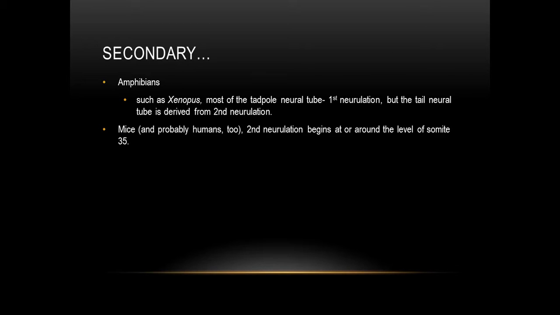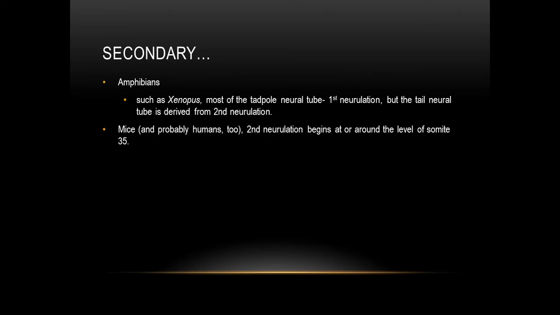For amphibians such as the frog Xenopus, most of the neural tube of the 9 millimeter tadpole is derived from primary neurulation. The tail portion, however, of the neural tube is derived from secondary. In mammals like mice, we have sufficient evidence, and it might probably be the same case in humans.